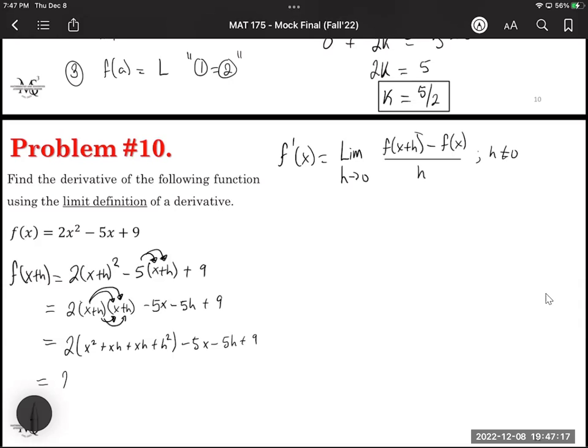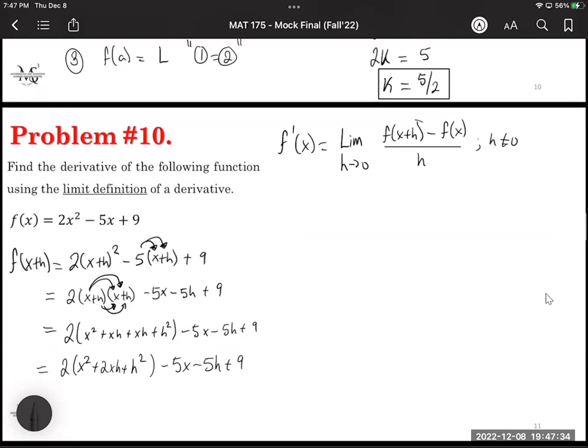Okay, now inside that parentheses, you can combine like terms, namely the xh's. You have 2 of them, so this is x squared plus 2xh plus h squared minus 5x minus 5h plus 9. And now you could distribute the 2 at the end. So this is 2x squared plus 4xh plus 2h squared minus 5x minus 5h plus 9.